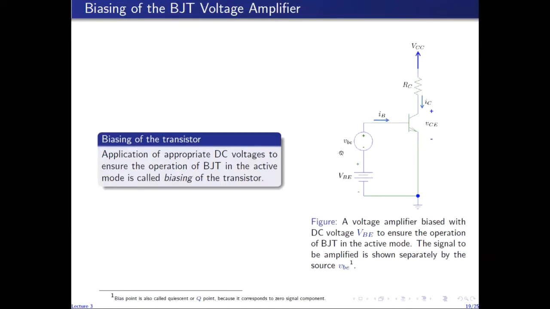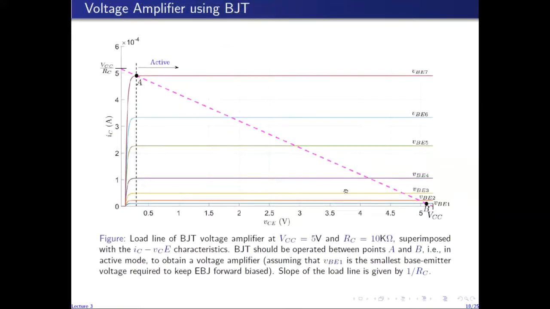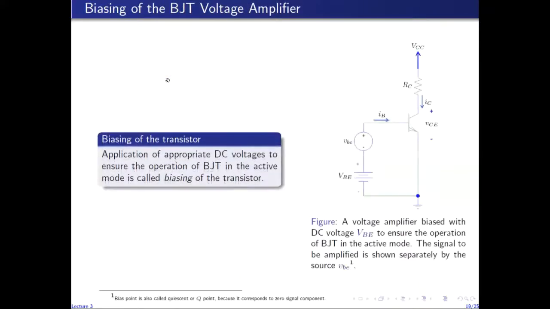So this is our signal which we intend to amplify, and this DC voltage is applied with the sole purpose of biasing the BJT so that it operates within this portion of the load line, that is within the active region of the characteristic. The only reason we applied this VBE is to make sure that the transistor operates in the active mode.